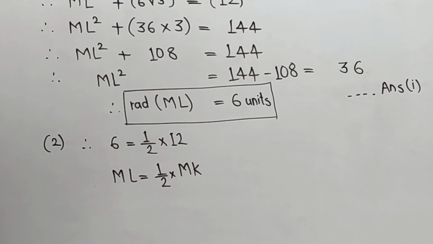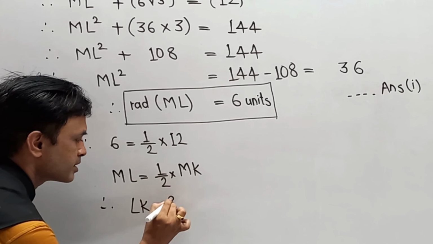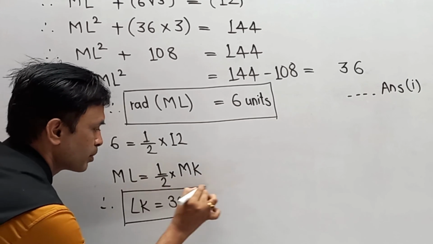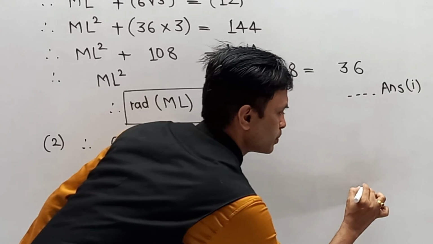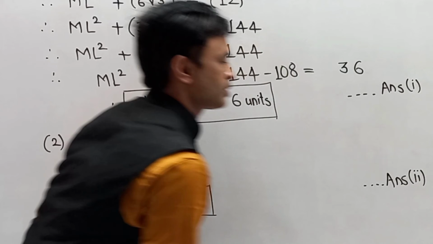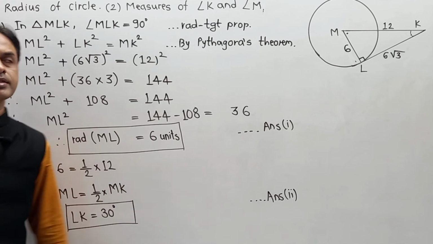Naturally angle K is 30 degree. Therefore angle K is equal to 30 degree. This is our second requirement, so I am going to give it as a part. Answer 2. As LK is equal to 30 degree, that is our answer 2.